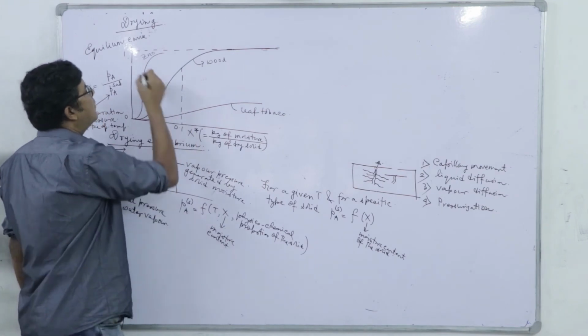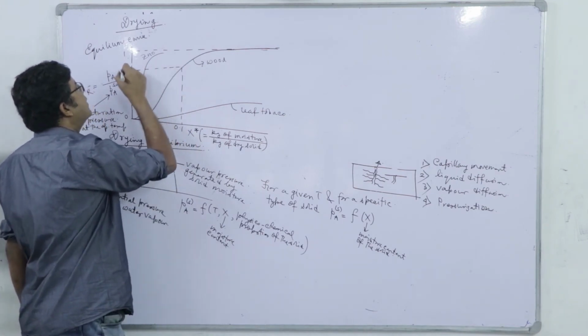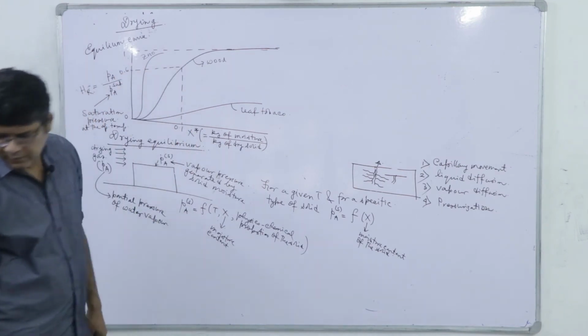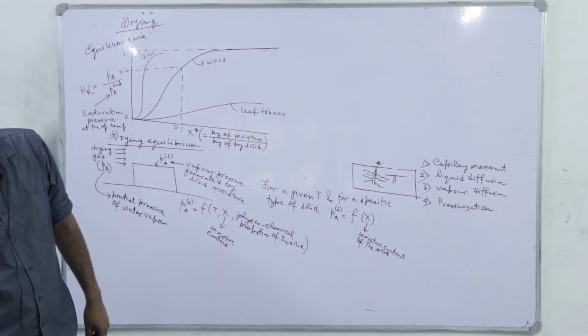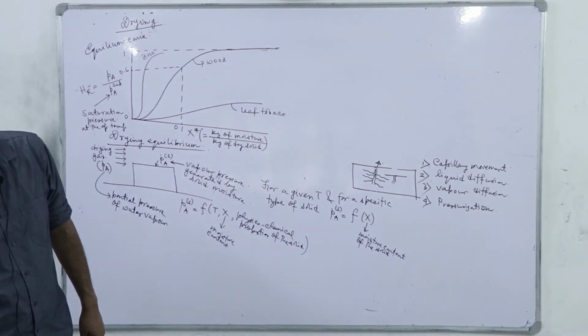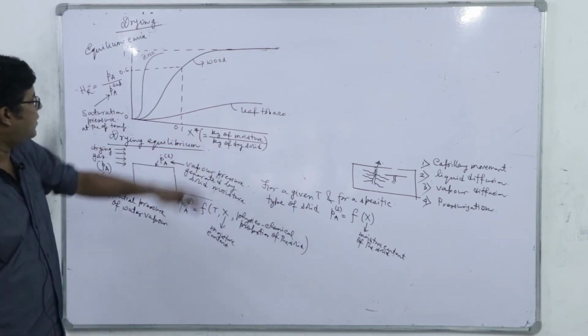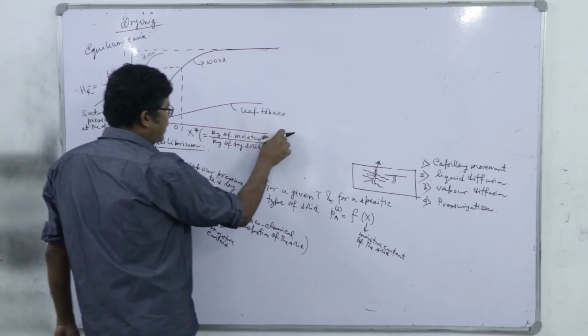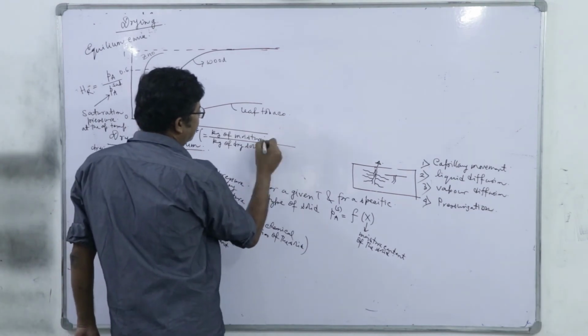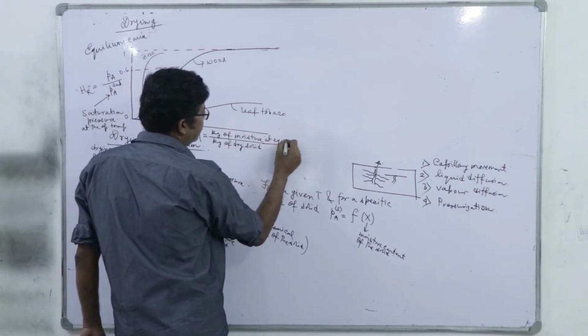So, this is 0.1 and here it is 0.6, let us say 0.1 and 0.6 for wood. So, this is the kg of moisture per kg of dry solid, or we should write the kg of moisture at equilibrium.